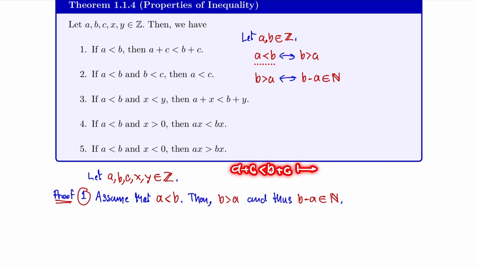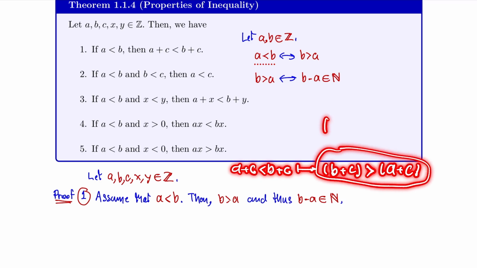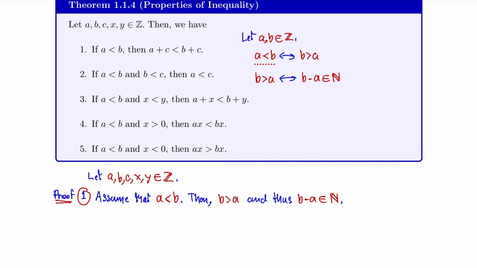So we have to show that b plus c is greater than a plus c first. To show this inequality, we have to have b plus c minus (a plus c) contained in the set of natural numbers. So we start with b plus c minus (a plus c).